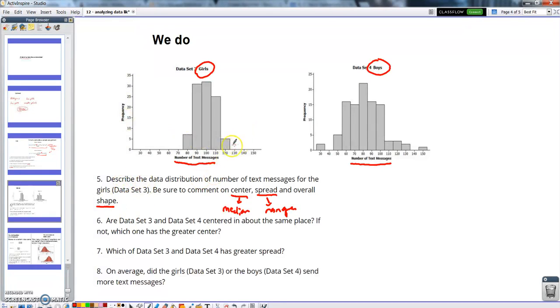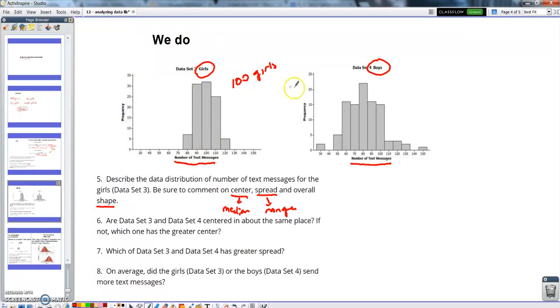So, the girls here, looks like the center of the data is probably in here somewhere. I'm going to guess, looks like there were about 8, 30, 38, another maybe 32, let's call it 70, 95. Looks like there was around 100 girls here.